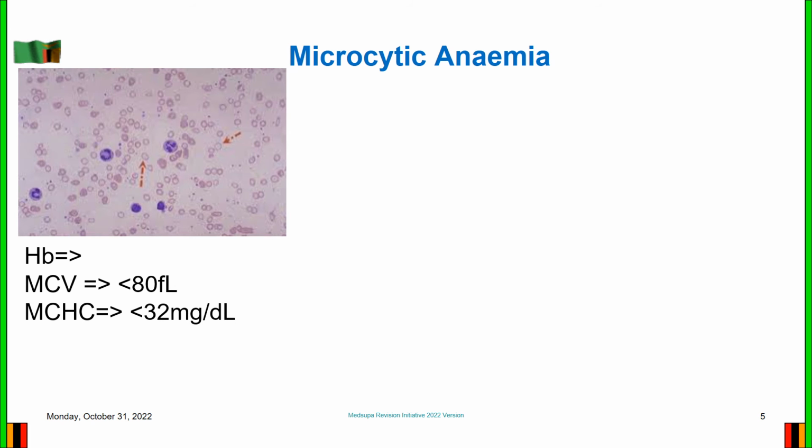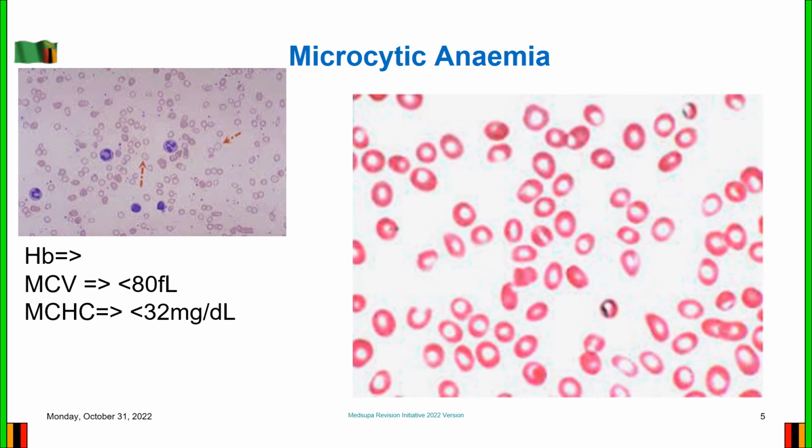Let's see this film, a big film here. You can see the middle there. Let me try to add some color there. I'll use blue for us to understand. When you check here on the middle, you find that it is more of pale. Hence, it will be microcytic hypochromic anemia.